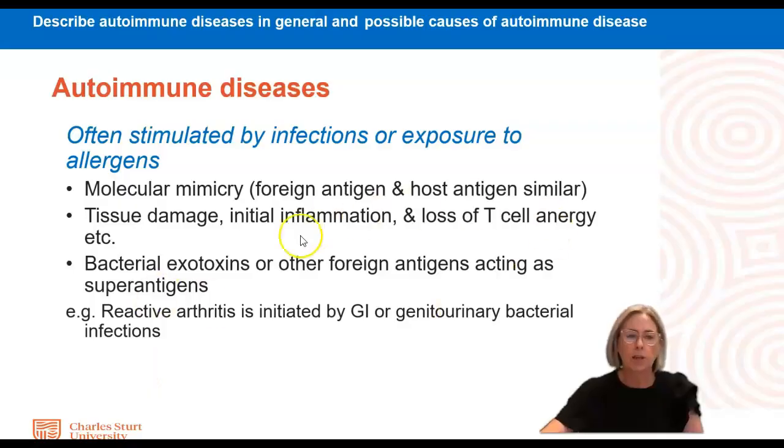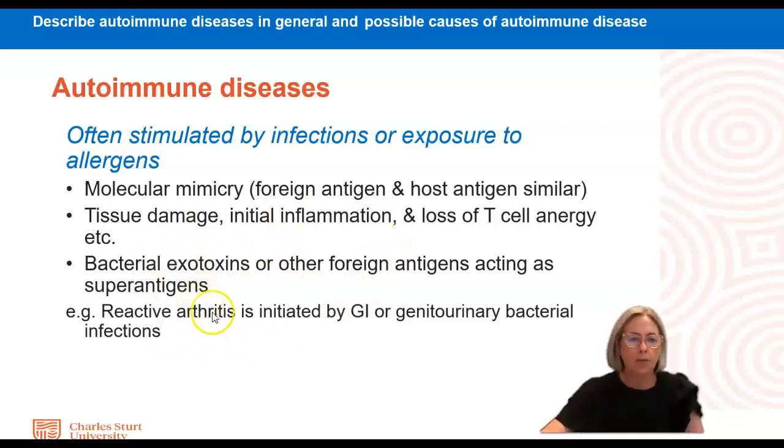The next one then is tissue damage due to initial inflammation and then loss of that T cell energy that I just mentioned. The third one then is bacterial exotoxins or other foreign antigens acting as those super antigens.